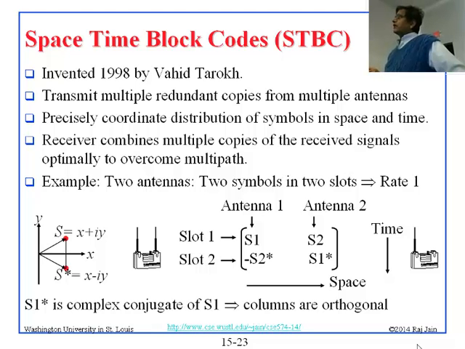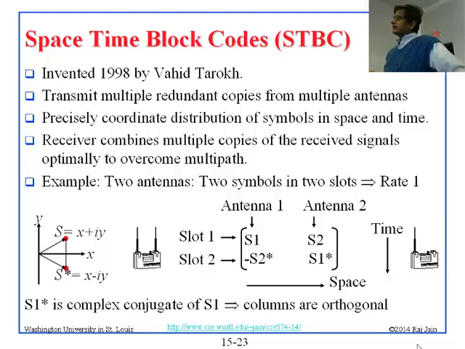So Alamouti, Vahid Tarokh actually, found out in 1998 that if you have two antennas, what you should do is on antenna number 1, you should send S1, and on the second antenna, you should send minus S2 star, where star is the conjugate. Conjugate means if you have X plus iY, the conjugate is X minus iY. Reflection of this, if you take this point, reflection is right here.